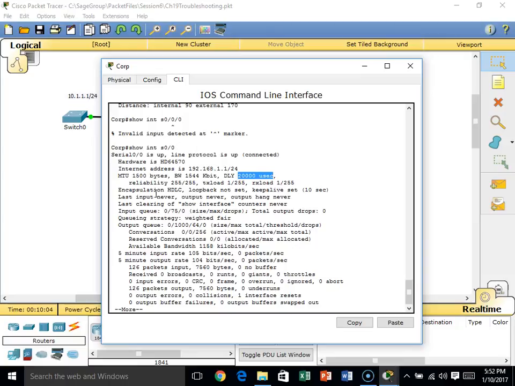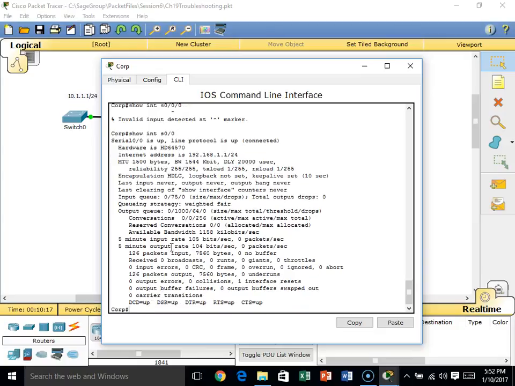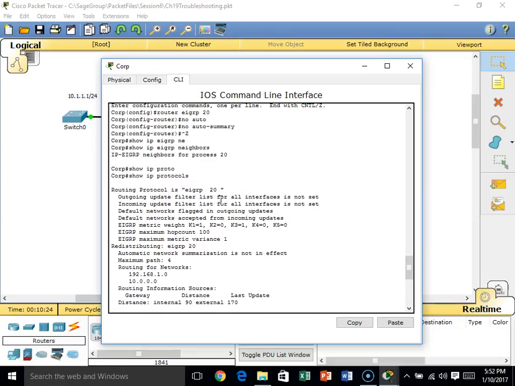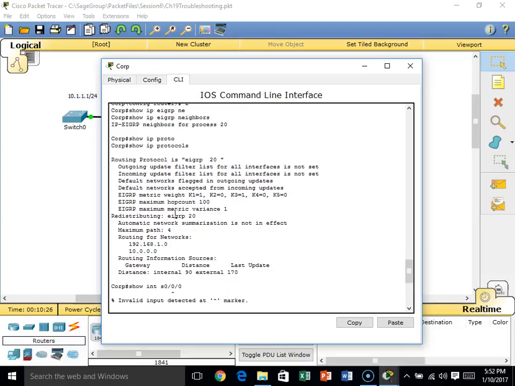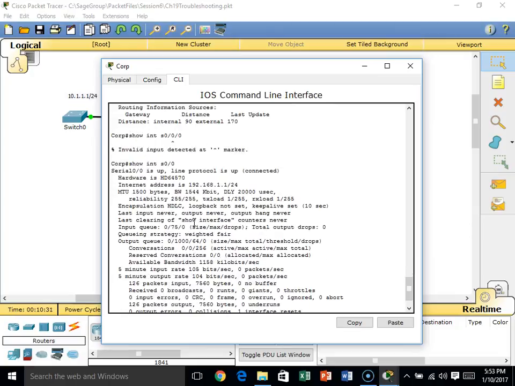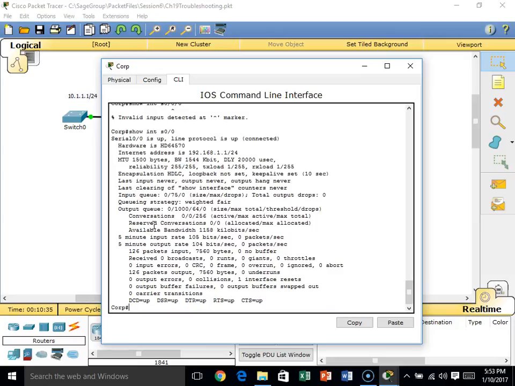And then we can look at the other things that are in it. MTU 1500 bytes, the internet address that's on it, the 192.168. It looks pretty much the same also. It should tell us it doesn't have an access control list on it.